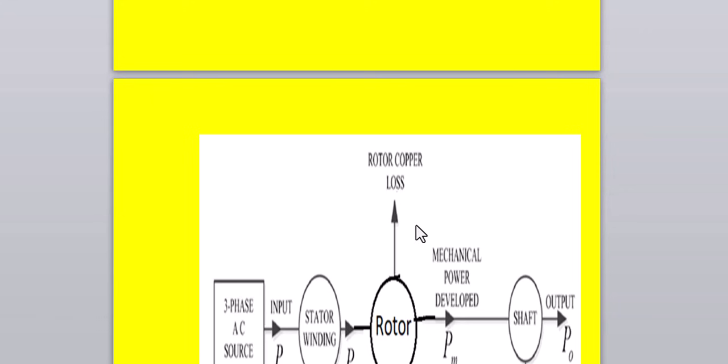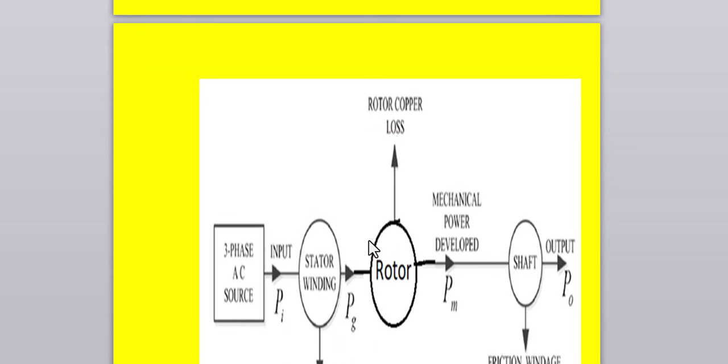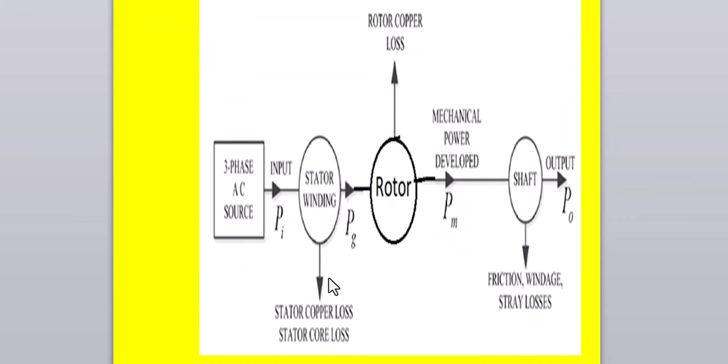If all those are represented in the form of a flow diagram, it appears like this. This is the three-phase input to the stator represented by Pi, and this is the stator winding, which, as I covered, will have the stator copper loss, and the stator core will have the stator core loss.